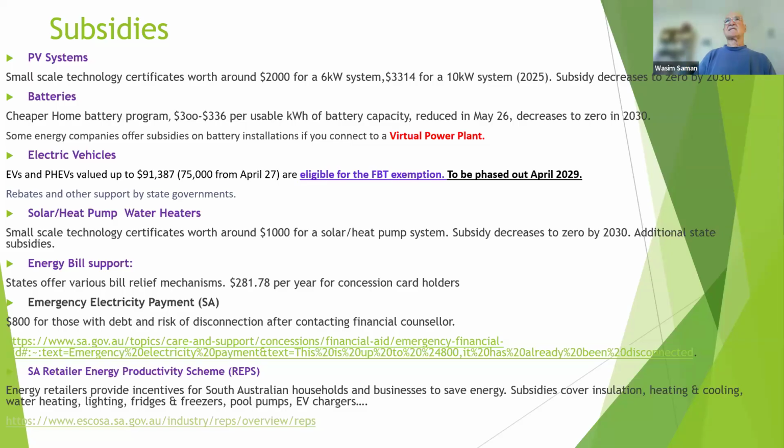So we still get some subsidy for our photovoltaic solar panels if we want to install them, but this subsidy keeps decreasing, but the cost of panels has come down quite a lot, and it'll be zero by 2030, and so does a number of other subsidies, including the battery subsidy, which we talked about last time.